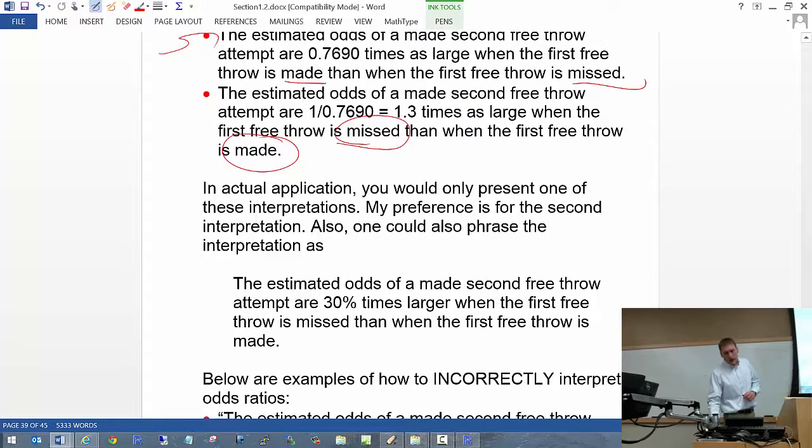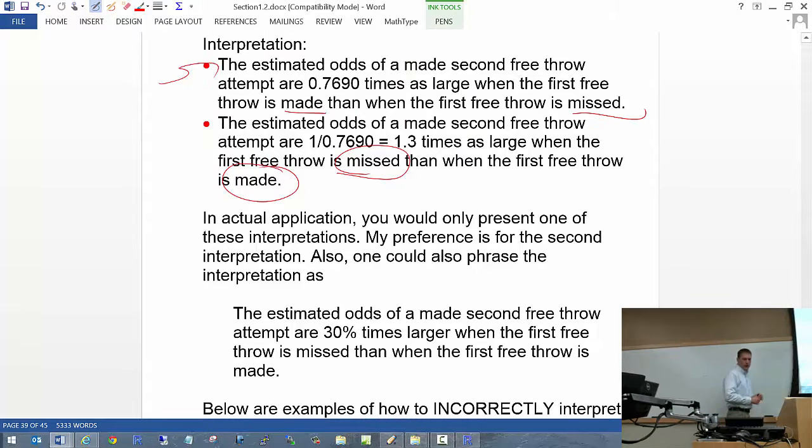Another way that you can interpret your odds ratio, too, that I hadn't really focused on before, is as follows. The estimated odds of a made second free throw are 30% larger. The key element there was the larger. Notice I'm not saying as large, I'm saying larger. When the first free throw is missed than when the first free throw is made.